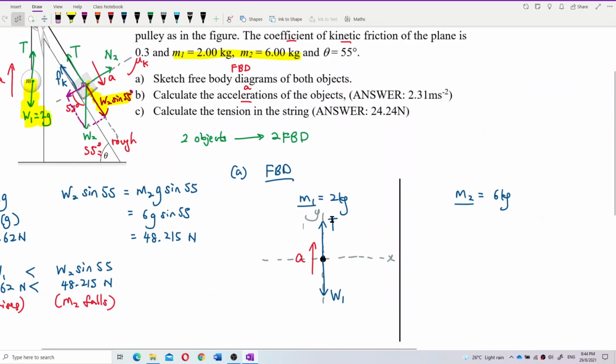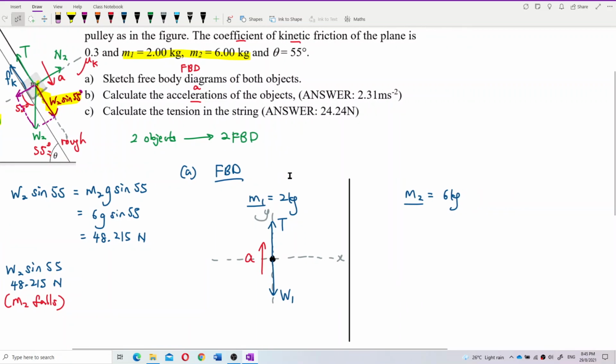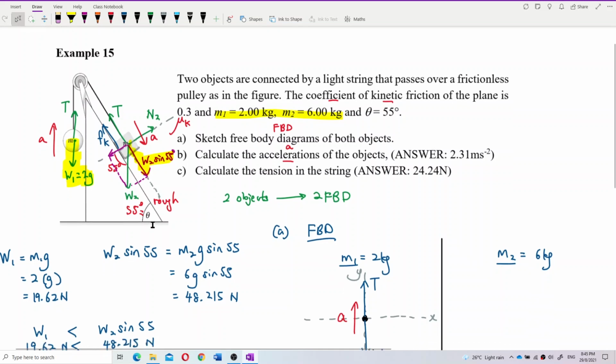And then for mass 2, you see this one is on an inclined surface, so the x and y axis need to be tilted. The x-axis needs to be parallel to the surface.